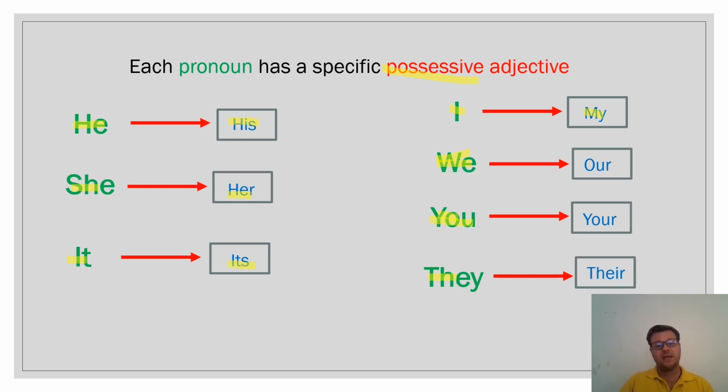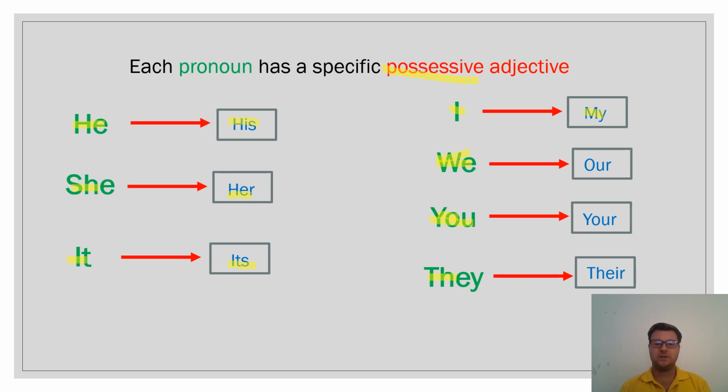Let's remember he, his, she, her, it, its, I, my, we, our, you, your, they, their.